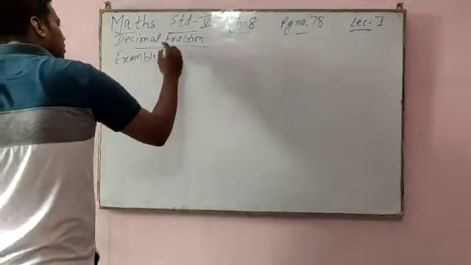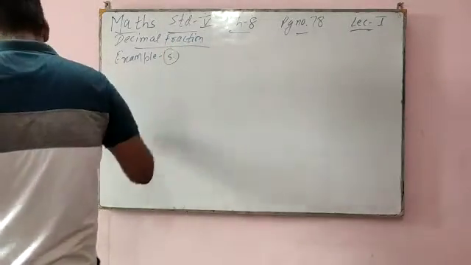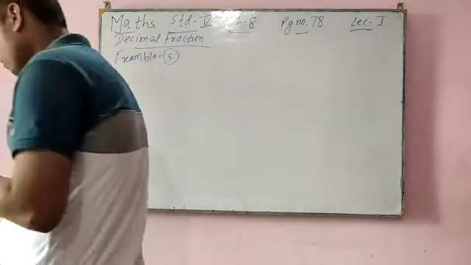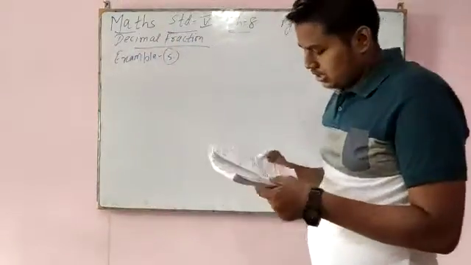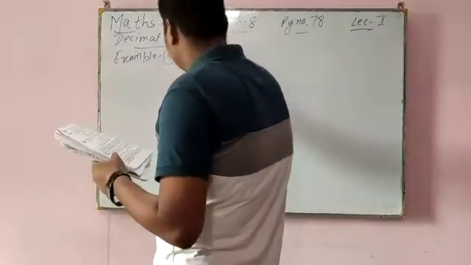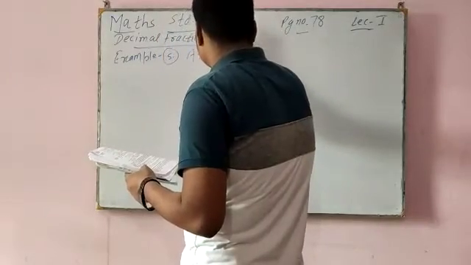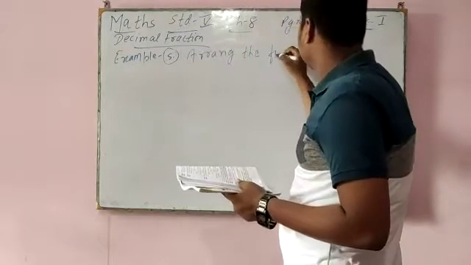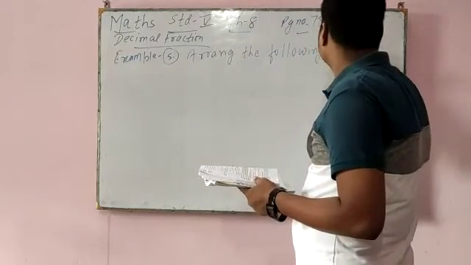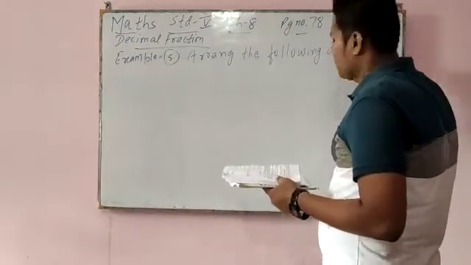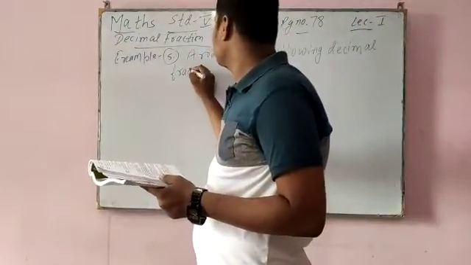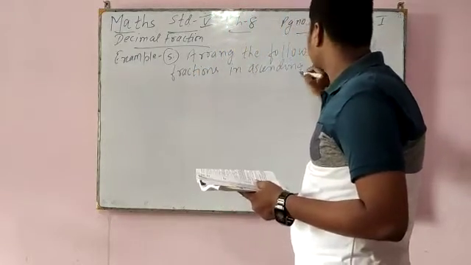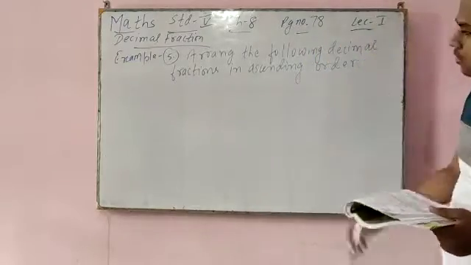Example 5. The question is: arrange the following decimal fractions in ascending order.